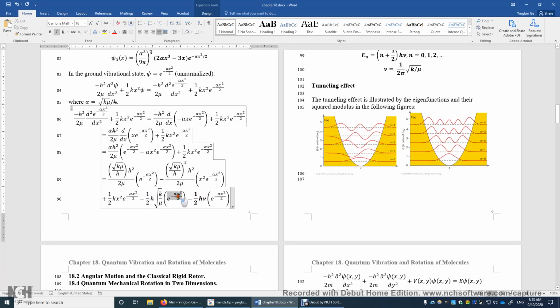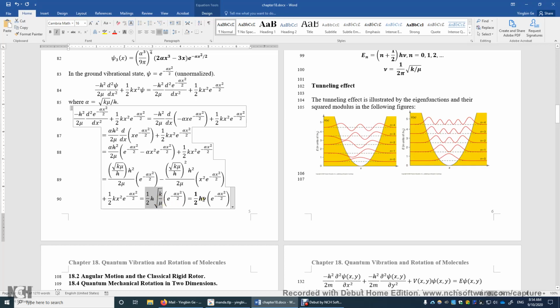which is the original wave function over here, multiplied by a constant. This constant is just 1/2 h bar times the square root of k over mu. All right, so this h bar is h over 2 pi. So we can also write this as 1/2 h nu, and this nu is 1 over 2 pi times the square root of k over mu.